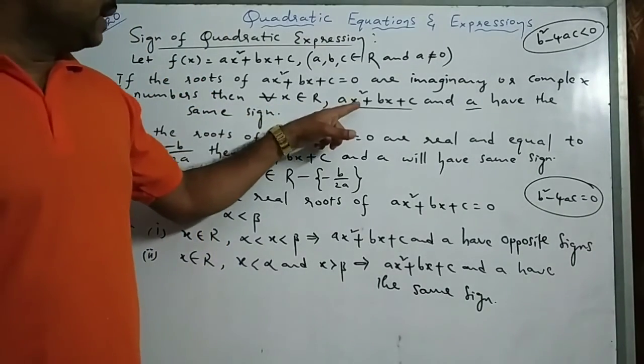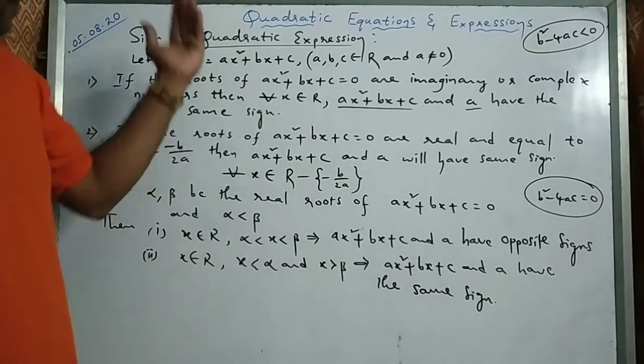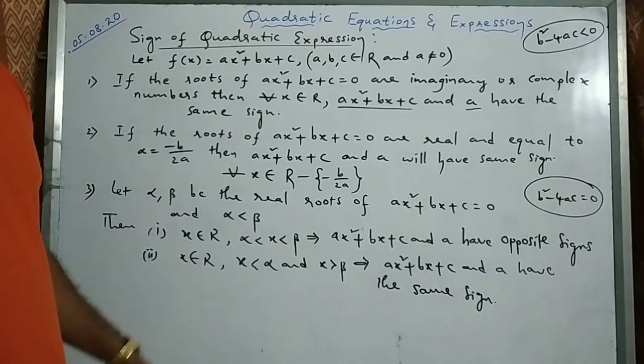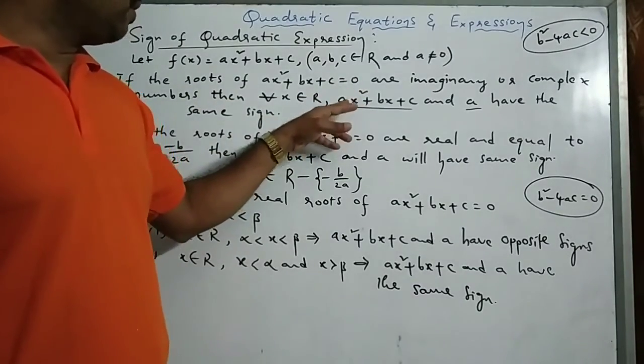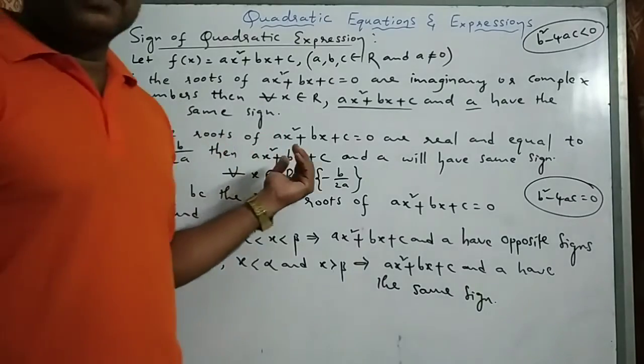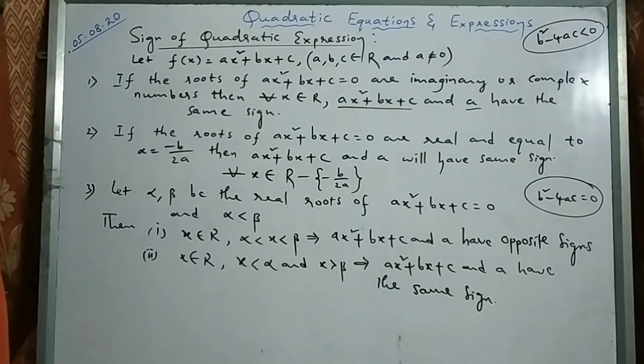For example, if x square coefficient is negative, then that expression also will be negative for all x belongs to R. If x square coefficient is positive, then for all x belongs to R, that expression is positive. When we do the problems, we can understand.